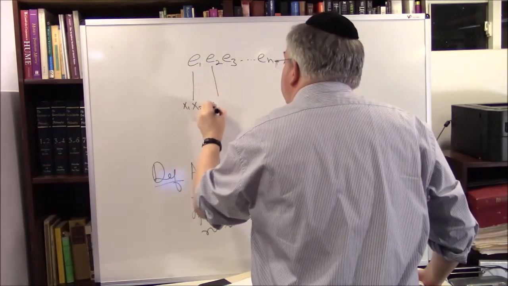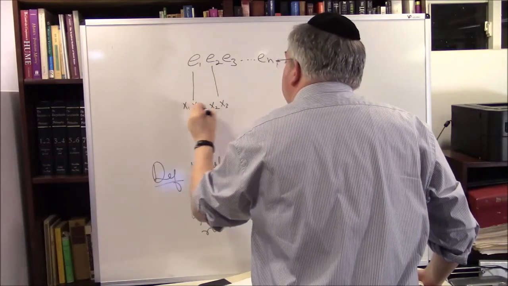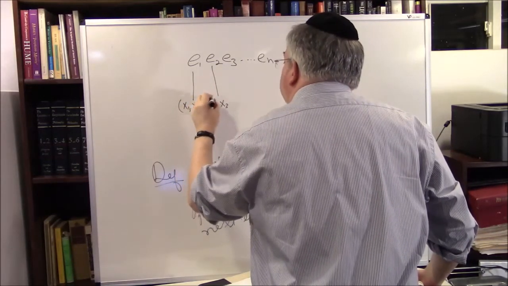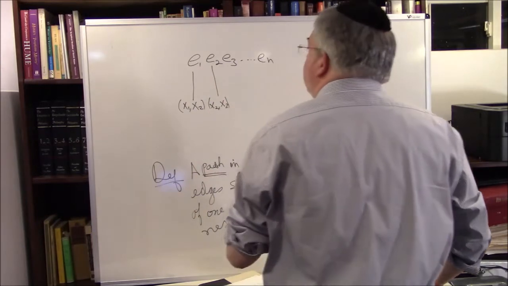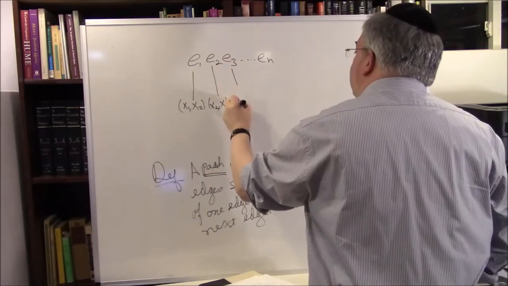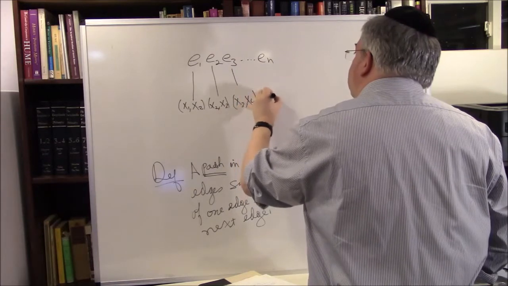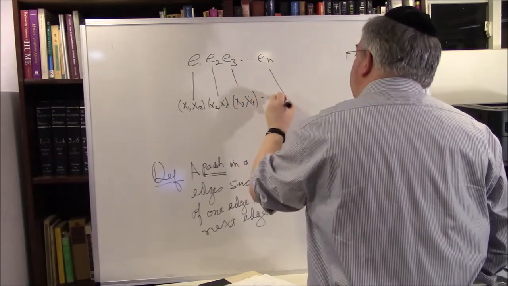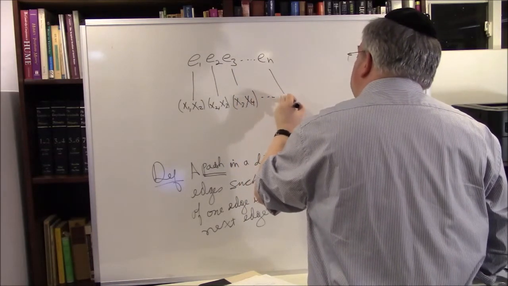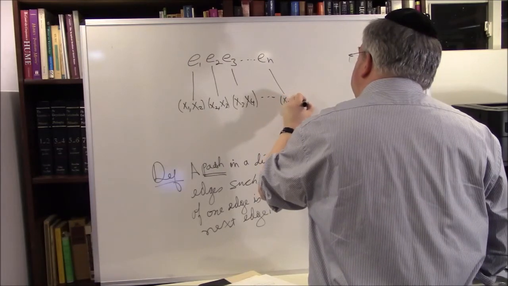E2 is going to go from x2 to x3. You may as well put them in as ordered pairs. E3 is going to go from x3 to x4. En is going to go from xn to xn plus 1.